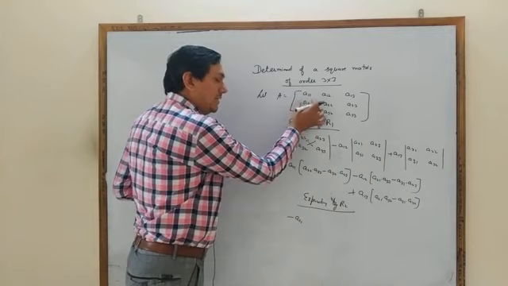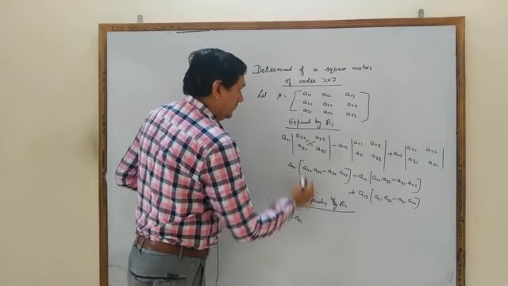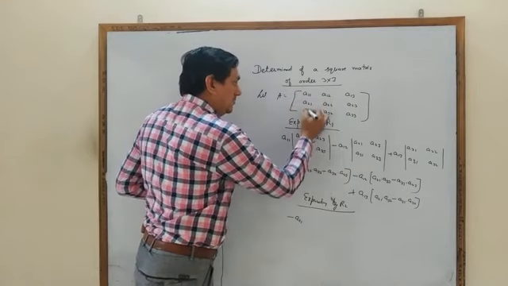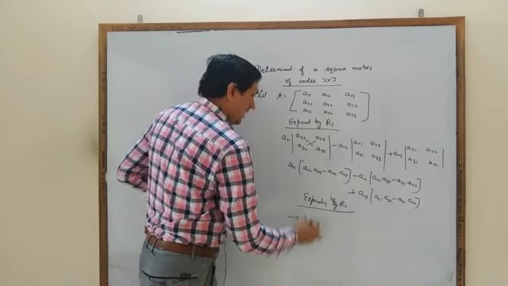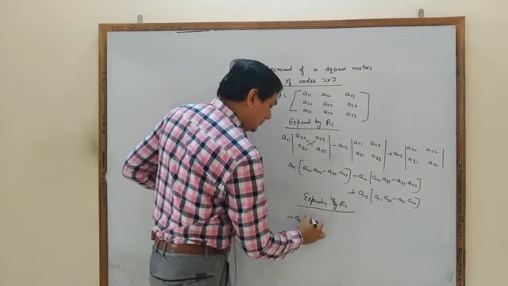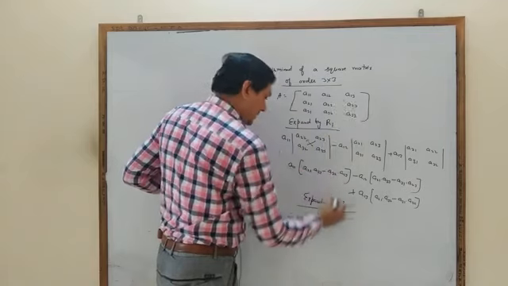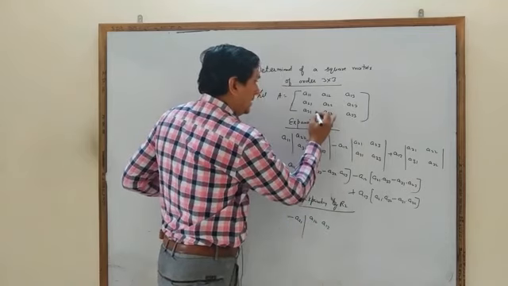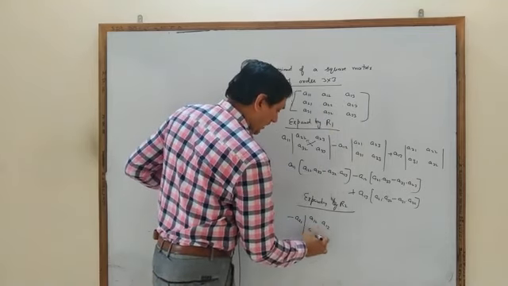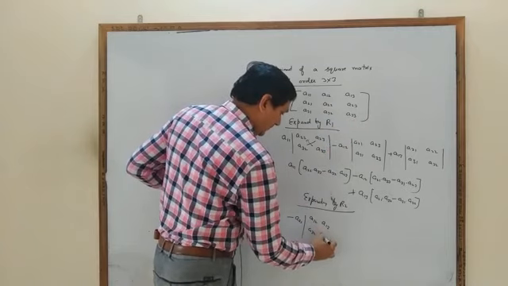Start with a negative sign in R2, put a cross on A21, and write the remaining elements A12, A13, A32 and A33.